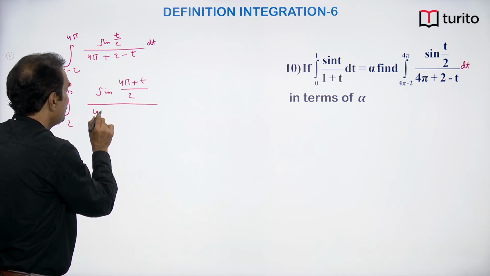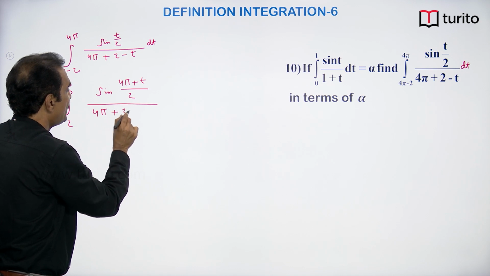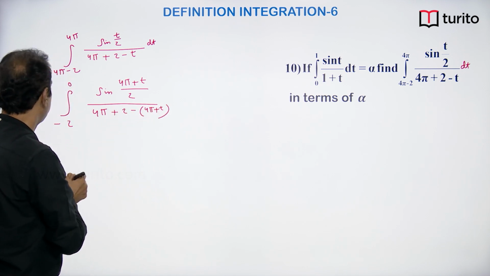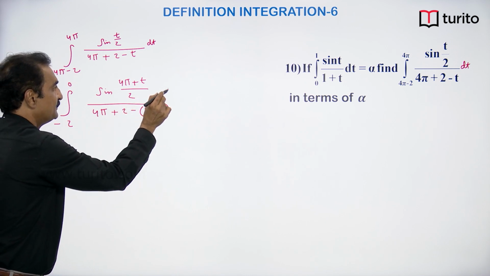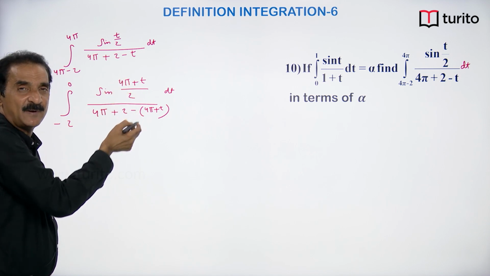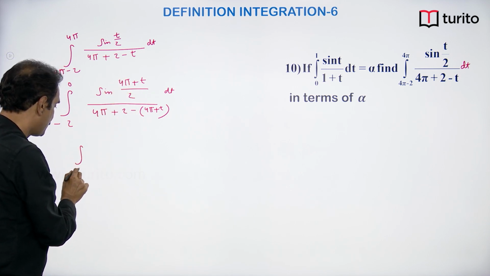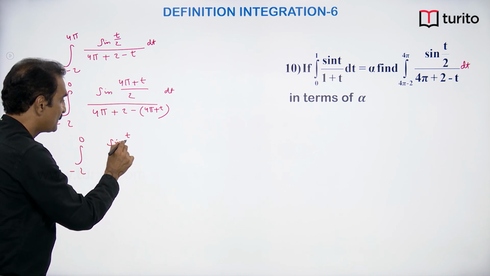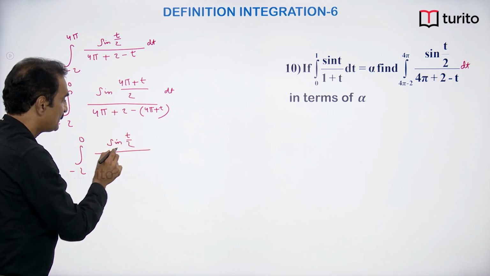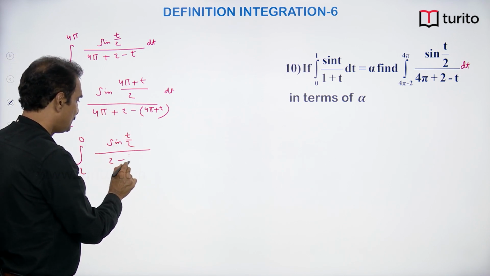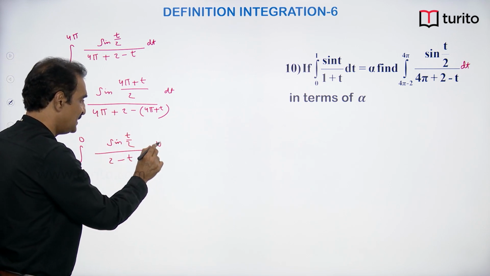Denominator is 4 pi plus 2 minus of 4 pi plus t dt. What is this? Sin of 2 pi plus t by 2 is sin t by 2. 4 pi cancels, 2 minus t dt.